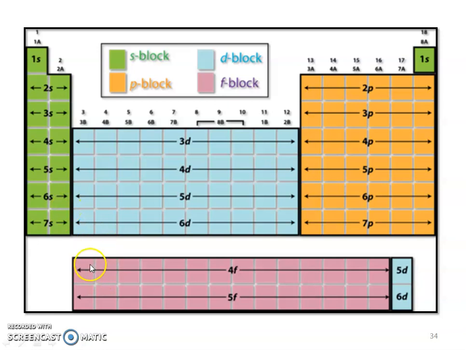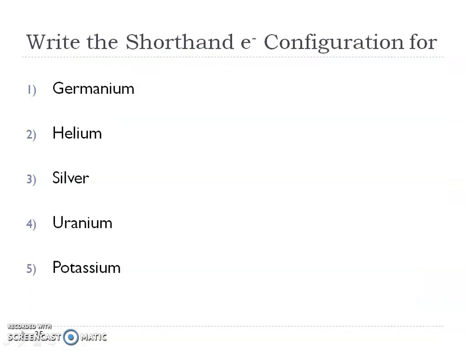You're going to go in atomic number order and then count to 14, and then see whether your D starts here or here. It is kind of confusing, but that's why we go by electron order, atomic number order. So can you do the shorthand for these particular elements?